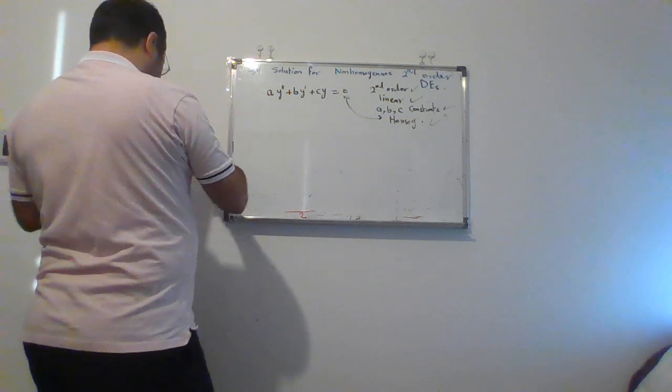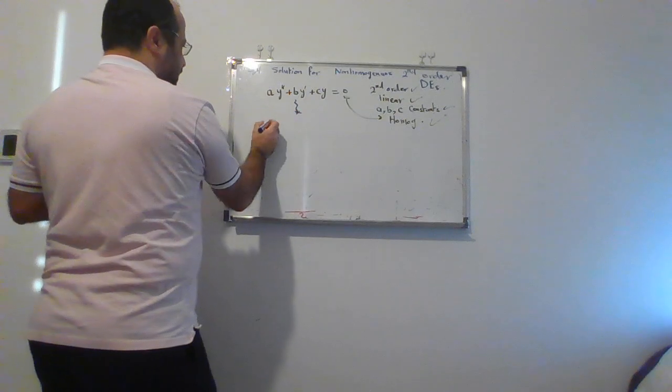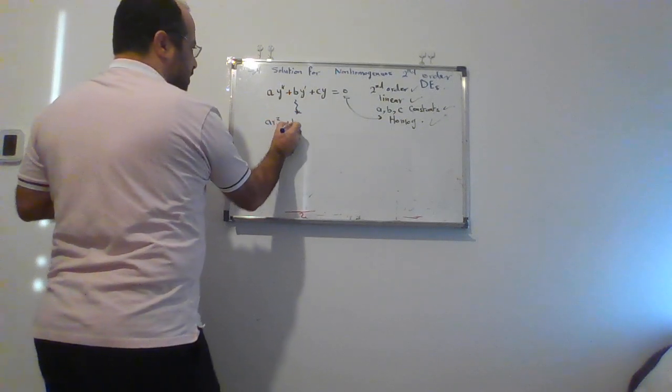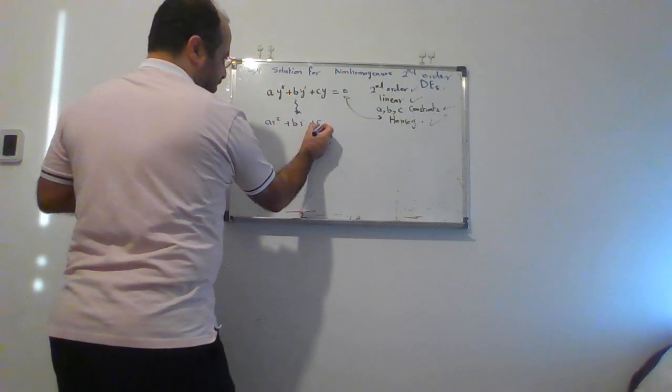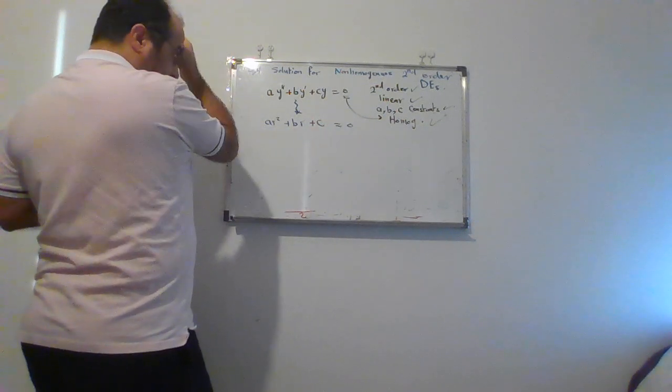Then last time we said you can just change that to ar squared plus br plus c equals 0, right? And then you go and get your solution.